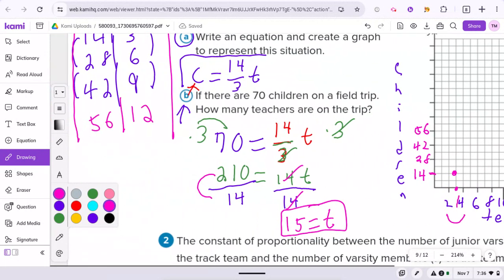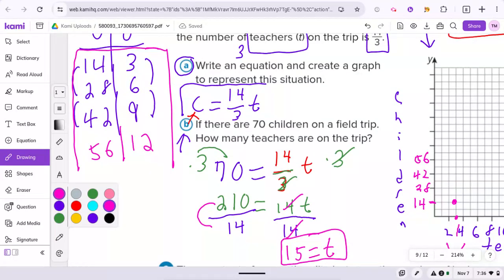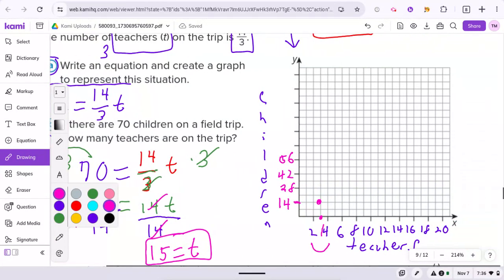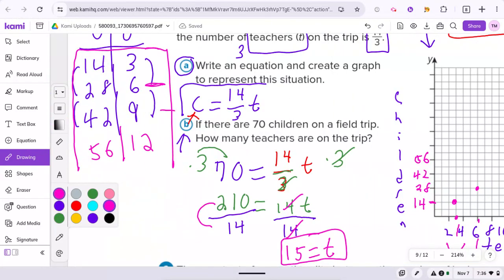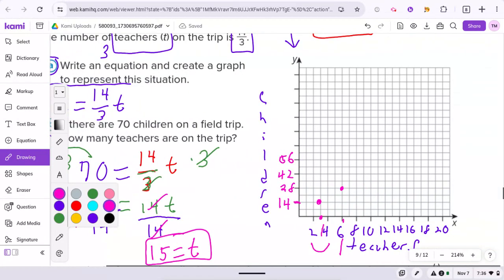Then I go to my next one. I can look at my data table. I have 6 and 28. So 6 is here, and 28, I can put that across and have my next dot there. Then I can go to 9 and 42. So 8 and 10 are here. 9 would be in the middle, and then 42.